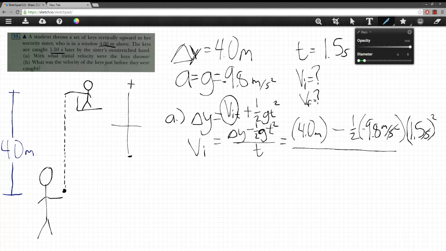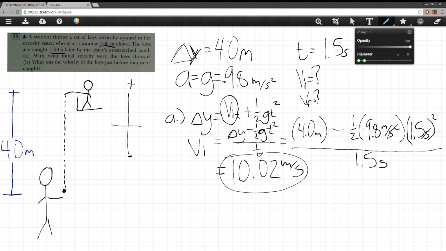And on the bottom, just 1.5 seconds. So you should end with meters per second, which are the units for velocity. And after plugging in all the numbers, you should get 10.02 meters per second. And that's the initial velocity answer.